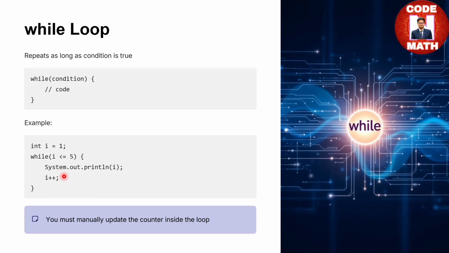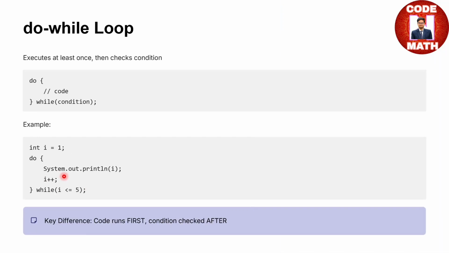Okay, right. Now moving to the next loop, that is the do while loop. This one is different. It runs at least once, even if the condition is false. As you can see in the syntax, do is written first, meaning this code will be executed at any cost, whether the condition is met or not.